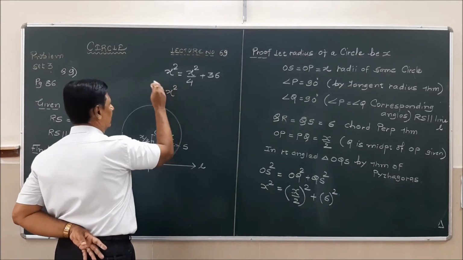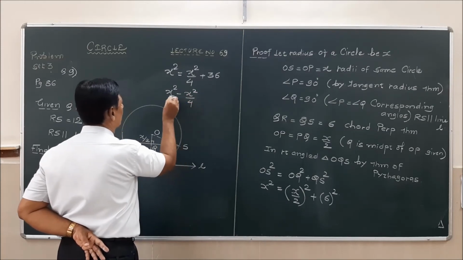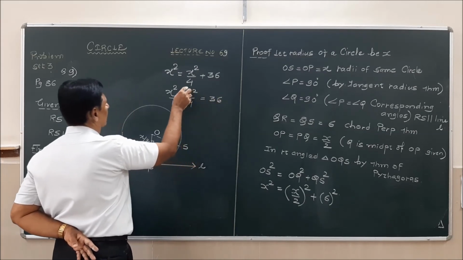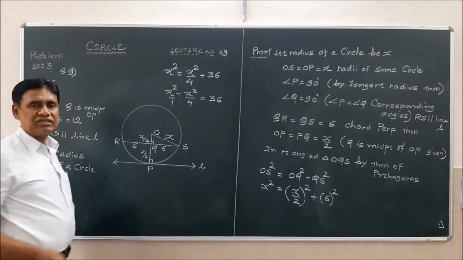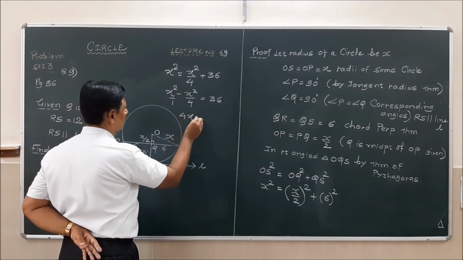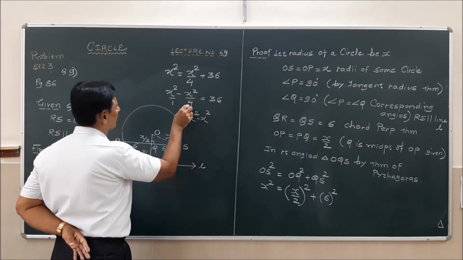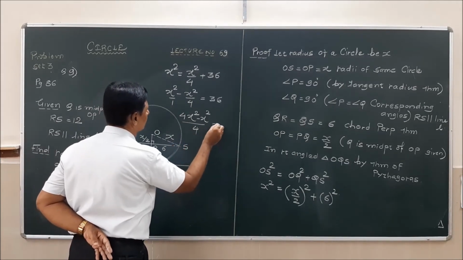If I transfer x square upon 4 to the left hand side, minus x square upon 4, 4x square minus x square upon 4 is equal to 36.